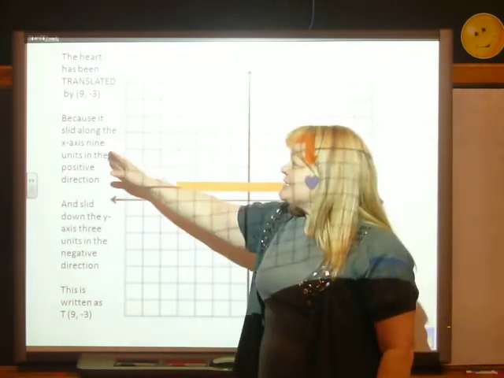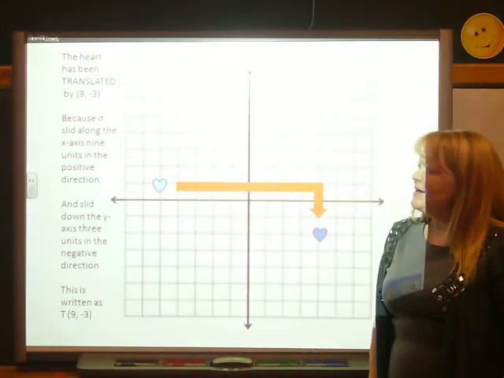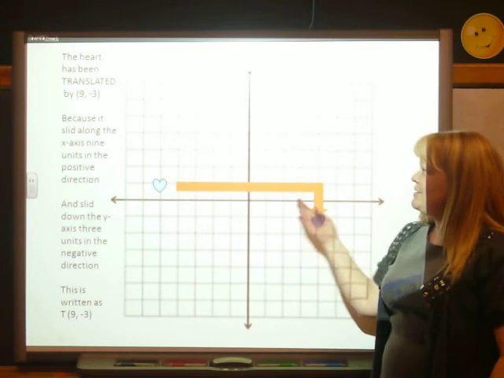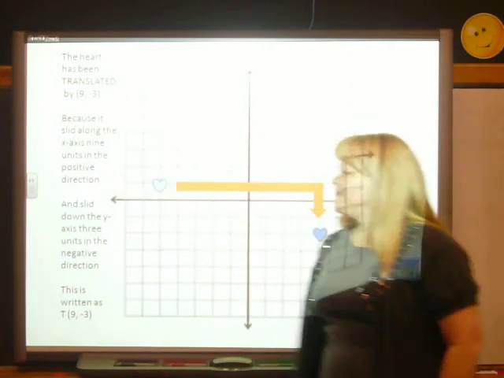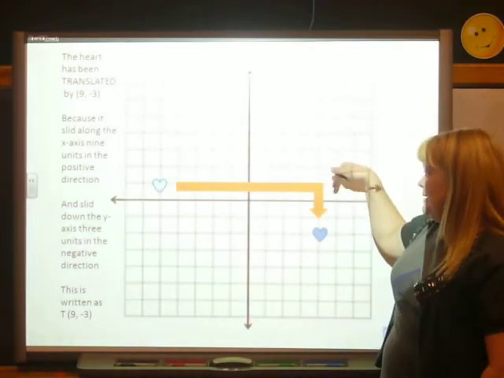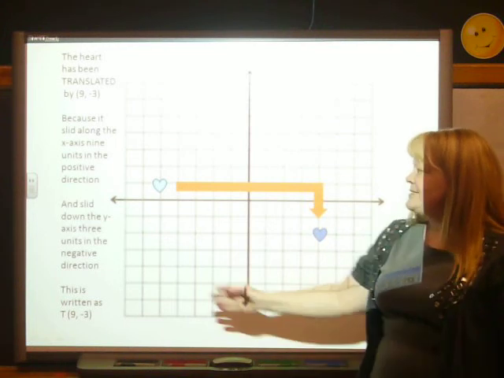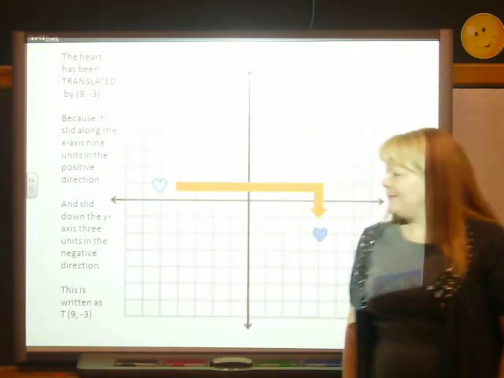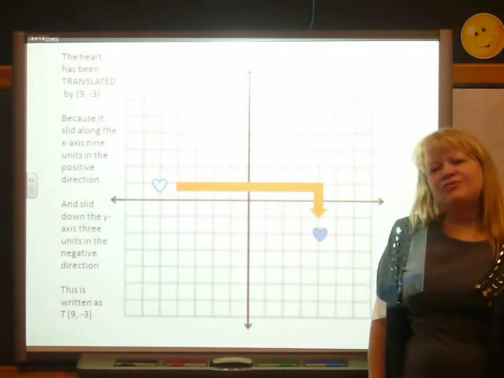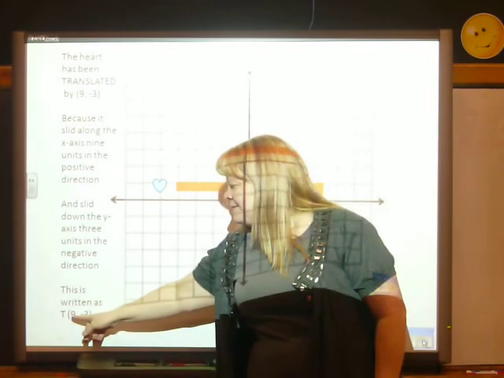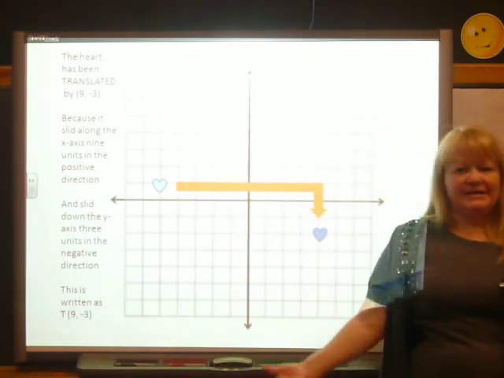Because it slid along the X-axis 9 units in the positive direction, we get a 9 here. And it slid in the negative direction, so we get a -3 along the Y-axis right here. This is written as P9, -3, the translation.